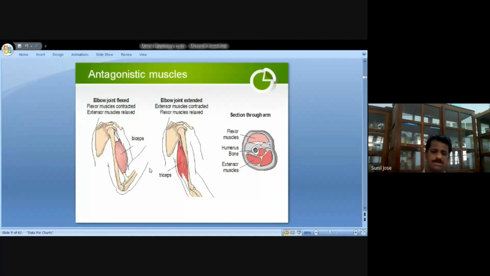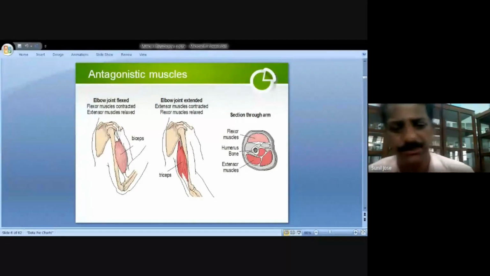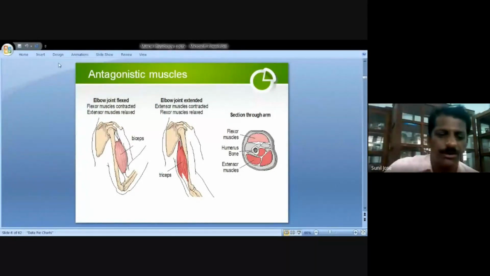Here you can see another picture. Here is the case of the elbow joint. In the elbow joint, we have two types of muscle. One is the bicep muscle. When the bicep muscle is contracting, our forelimbs will be flexed. The flexing of our forelimbs is by the contraction of the bicep muscle.